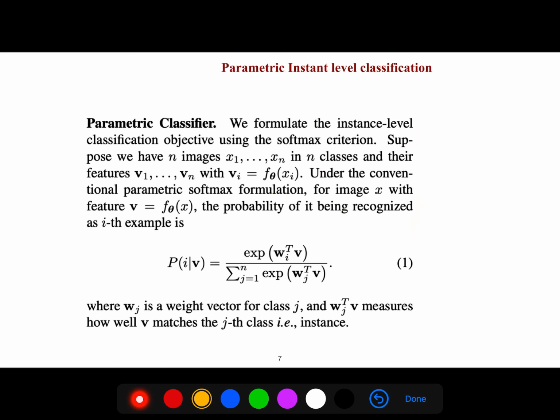So we formulate the instance-level classification objective using the softmax criterion.